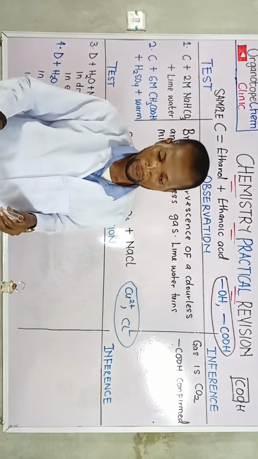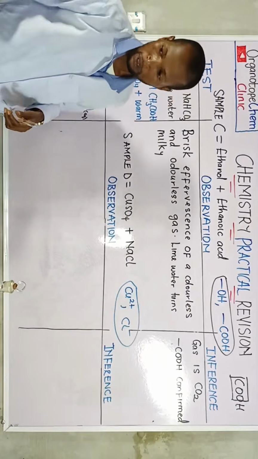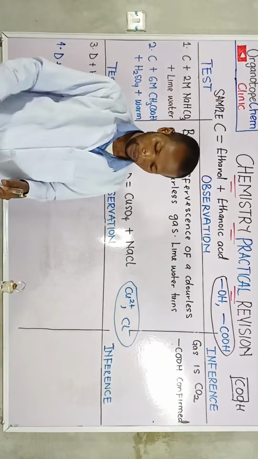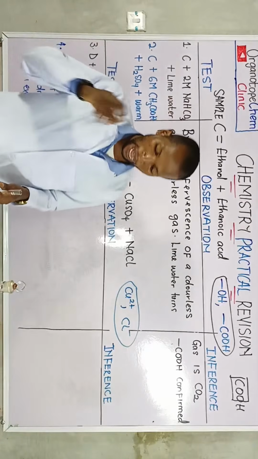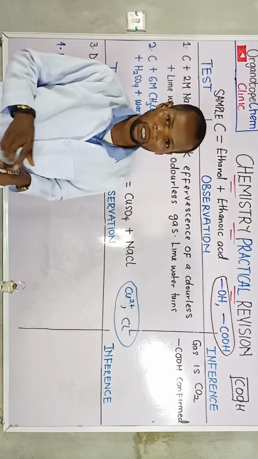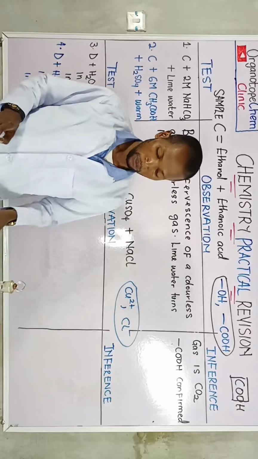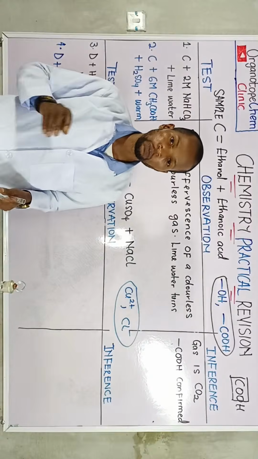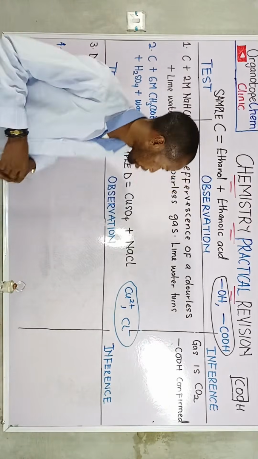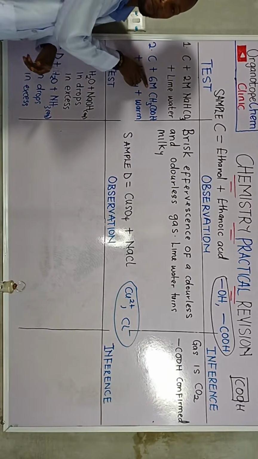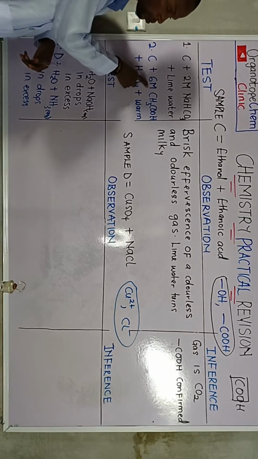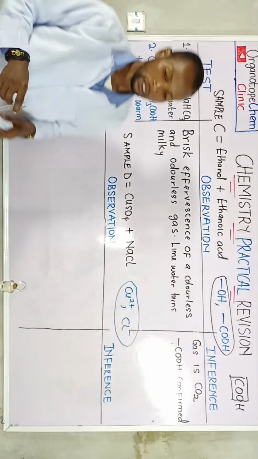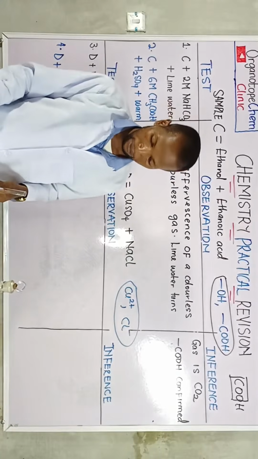Is that taken? So test number 2, the question right here. To another portion of sample C, add 6 molar, this is how to write molar, 6M, same as mole per dm³, add 6 molar ethanoic acid.